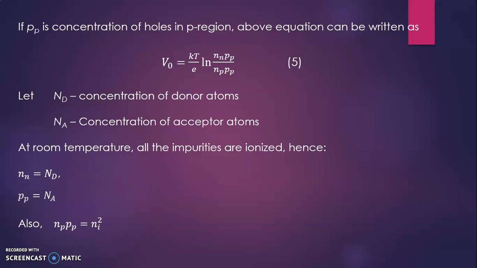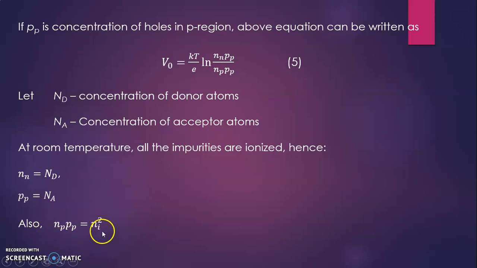Also, the product of the number of electrons and the number of holes in the P side we will write as N suffix I square, considering the equilibrium condition.